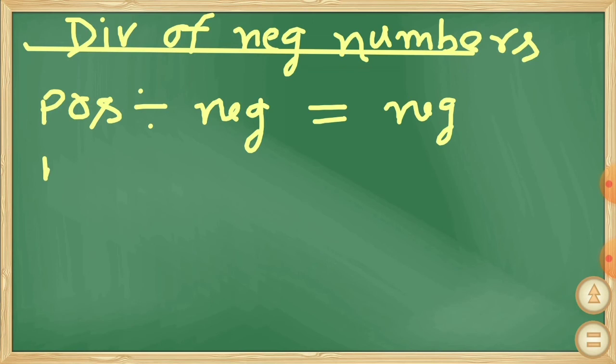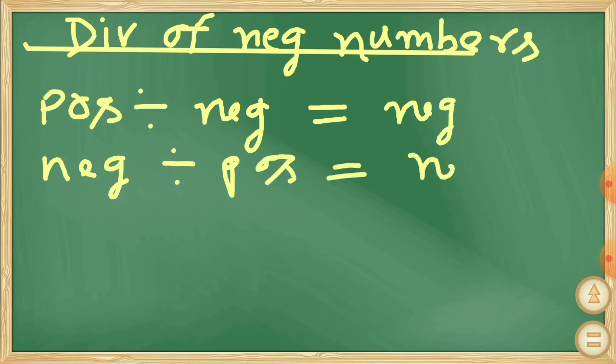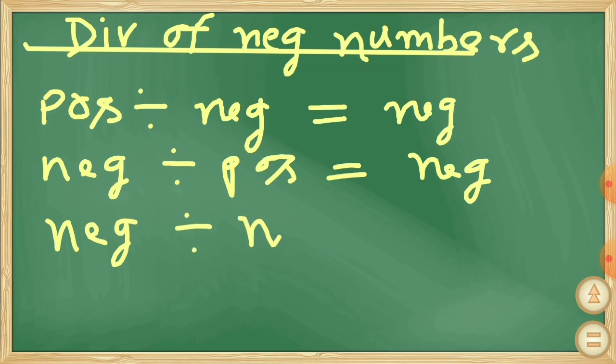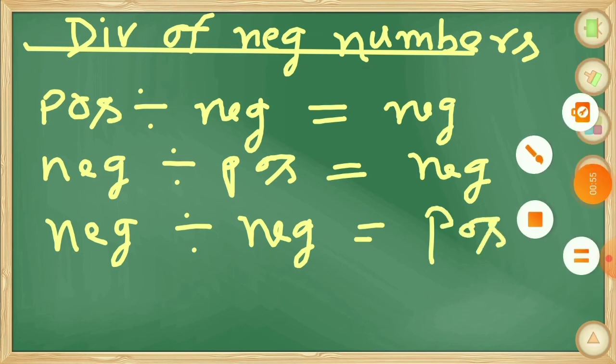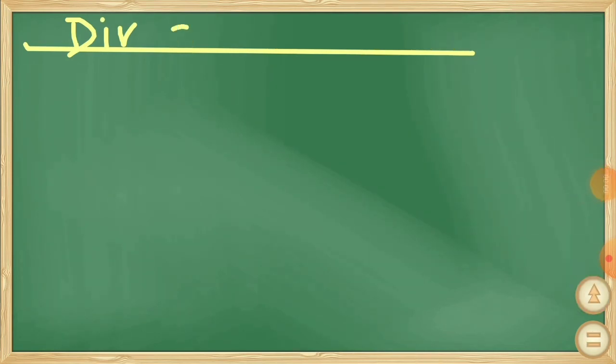If one number is negative and the other number is positive, then again the quotient is negative. And as I said, if both of them are negative, then minus minus gets cancelled and we get a positive quotient. So we follow the same rule in division that we followed in multiplication.